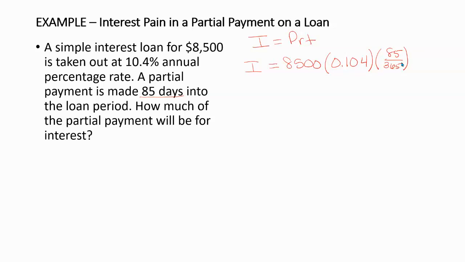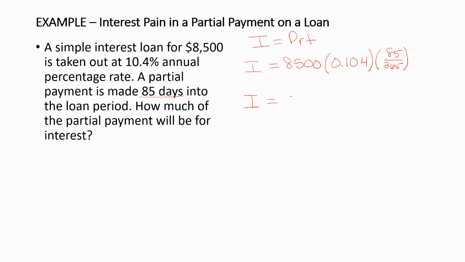We'll get a really, really ugly number. So 8,500 times 0.104 times, and I'm using a TI-84, so I'm opening a parentheses here, saying 85 divided by 365, and then enter.